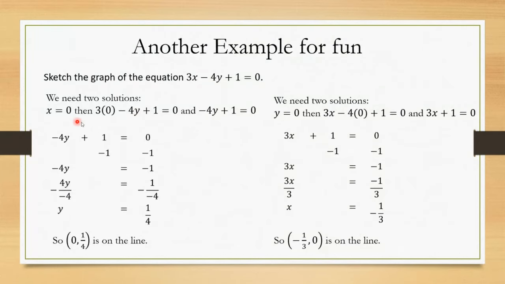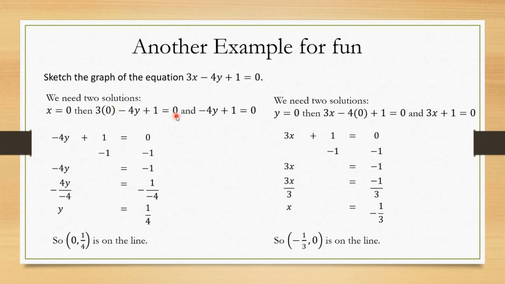As you can see, if x is 0, we replace x by 0: 3 times 0 minus 4 times y plus 1 is 0. That's our equation. That's what it becomes. I'm choosing 0 because what's nice about it is that 3 times x becomes 3 times 0. That's gone.